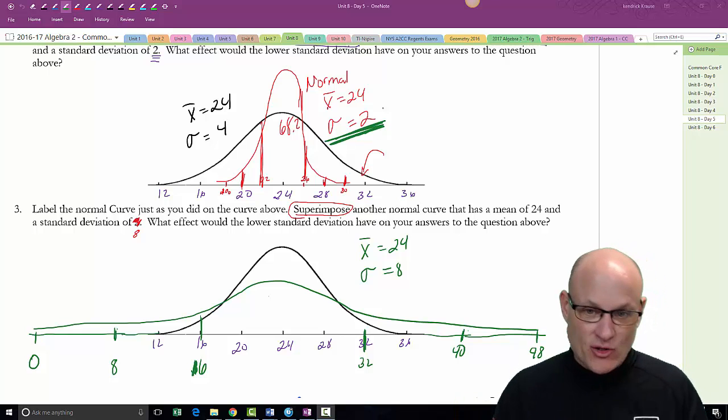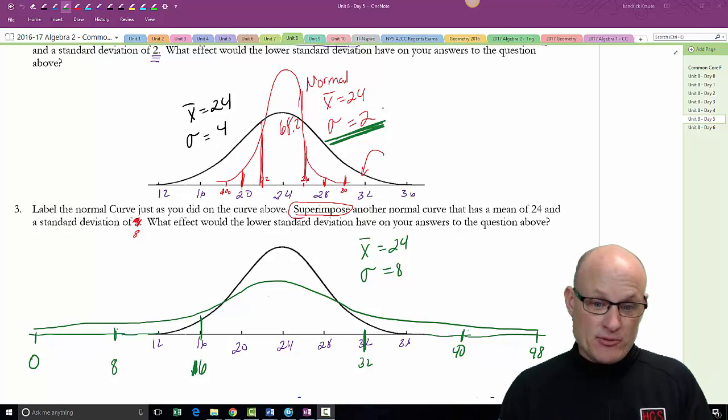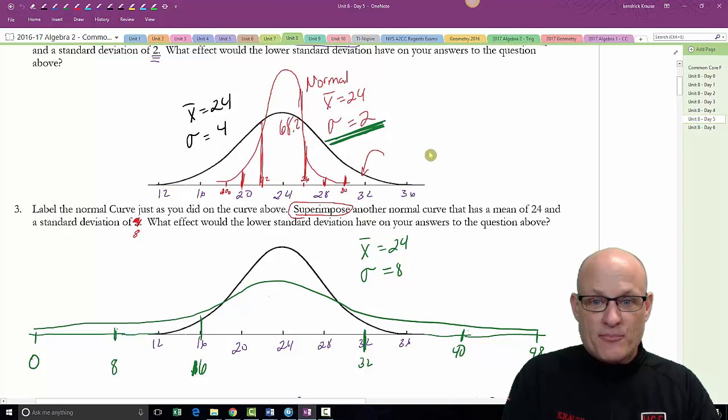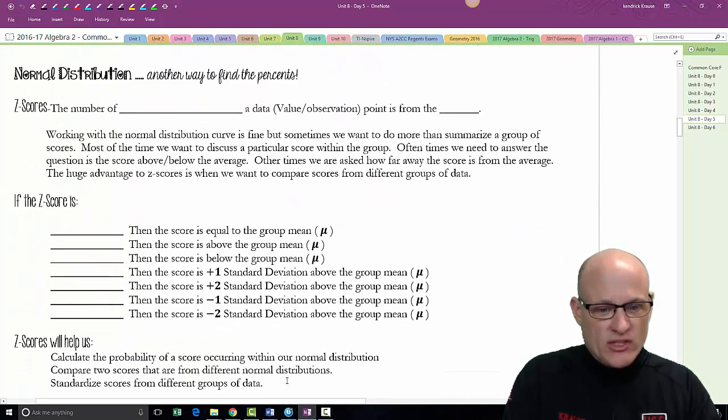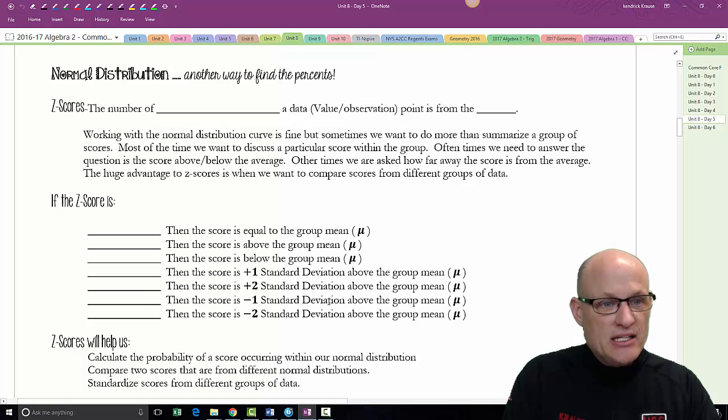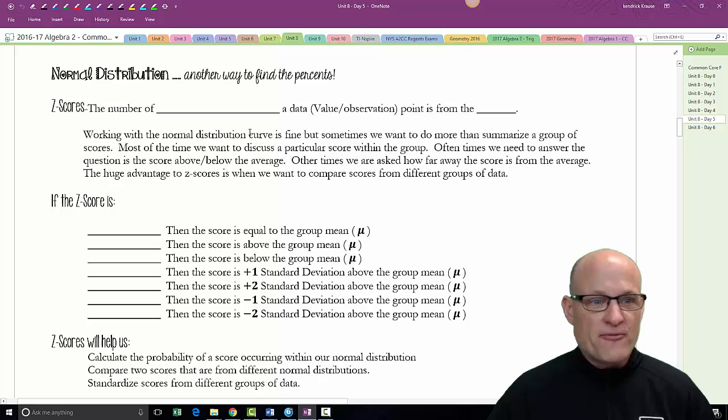I want to get that so that I can create just one table or one chart in order to look these things up. Up until now, we've just used the normal distribution curve, but we are now going to start to talk about z-scores, which is another way to find the percentage.